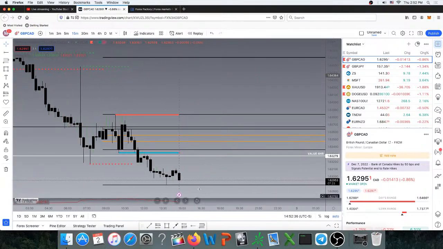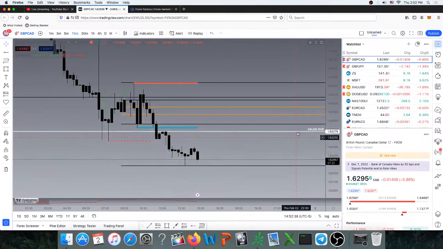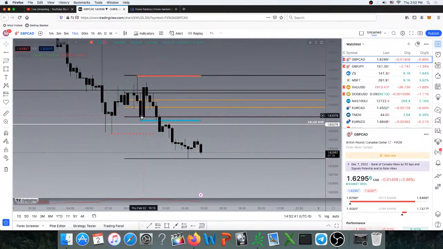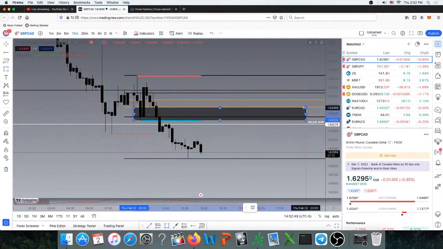Let's just see what that looks like here. This could be a potential 50% rejection, or right here. This would be the shorter trade I would look for.